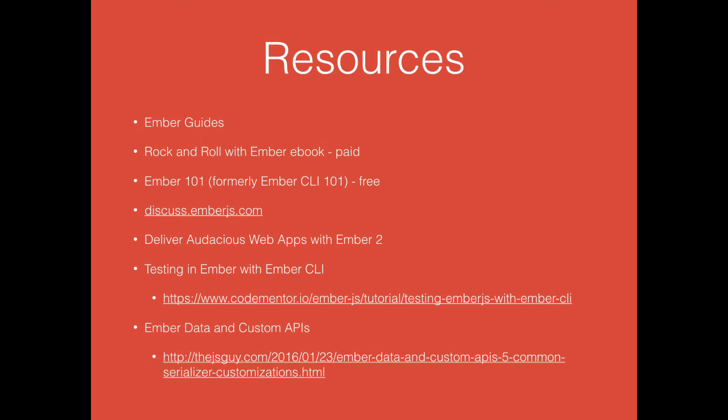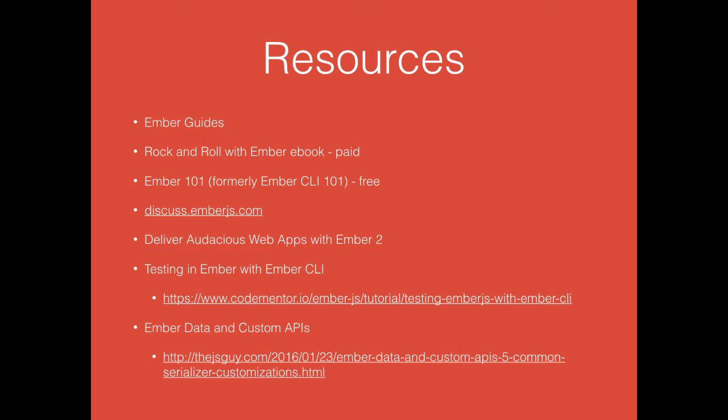There's a lot going on here. So I wrote a post that explains serializers and how to make it work with custom APIs, because it's not an easy thing. It's not easy if it's your first time getting into Ember, but once you do it a little bit, it starts making sense.